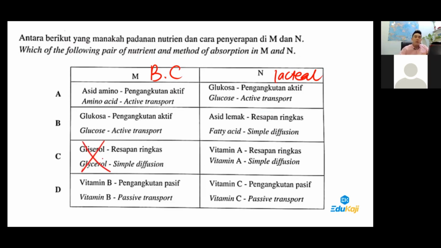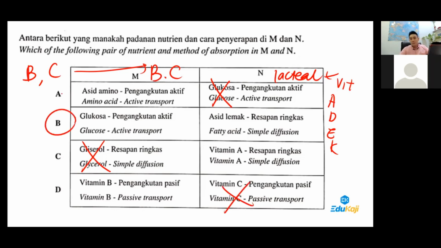Definitely not glycerol. Glycerol is out. Okay, lacteal, they absorb fat, something to do with fat. So glucose here is definitely wrong. And they absorb vitamin A, D, E, K. This one absorbs vitamin B, vitamin C. That's why you see, guys, why did I write BC? Because they absorb vitamin BC. But this is wrong. Your answer is C.